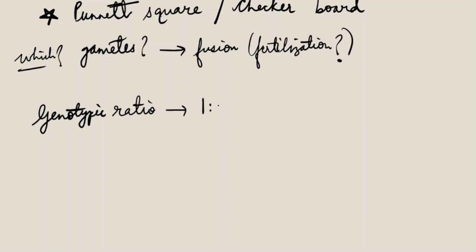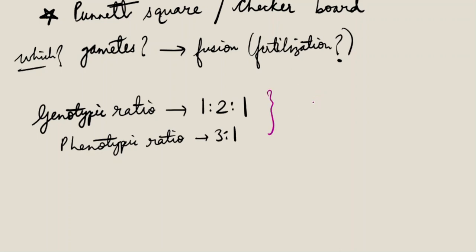So the genotypic ratio was 1:2:1, and the phenotypic ratio was 3:1. This is for your monohybrid cross. Okay, let us see the monohybrid cross once again.